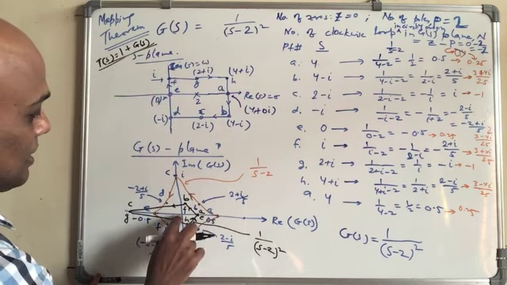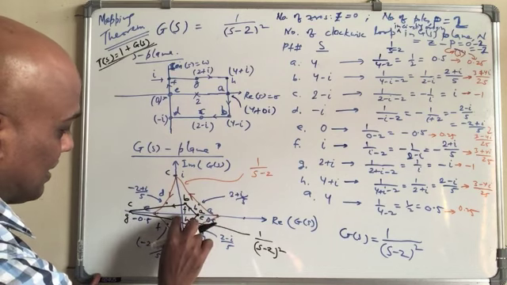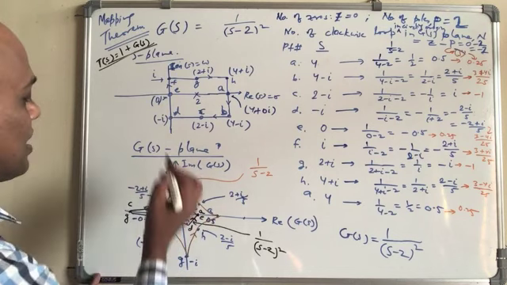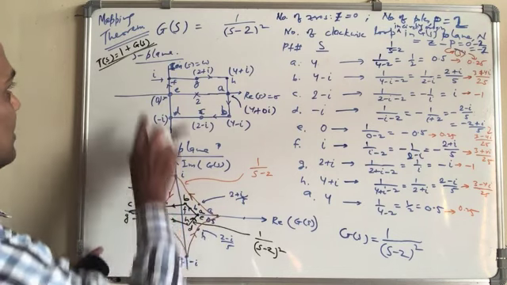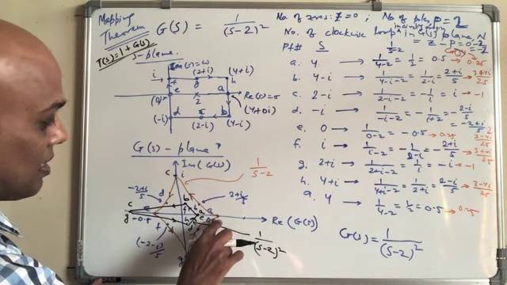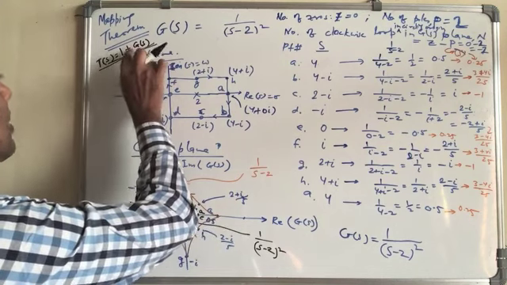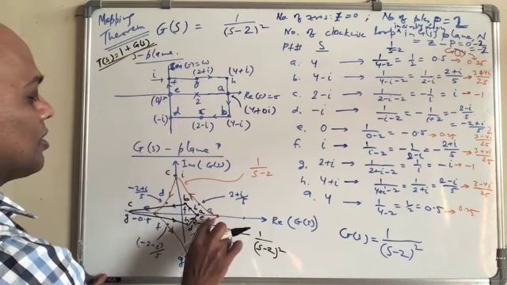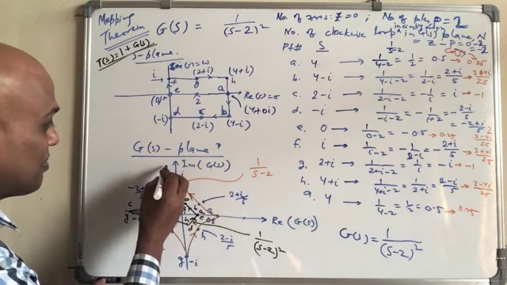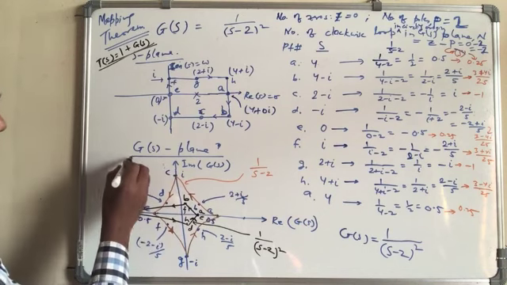So if we move the origin here, it will be done, right? For example, the original value wherever it was 0.5 will now become 1 plus 0.5, which is equal to 1.5. Hence our 0 will be somewhere here.